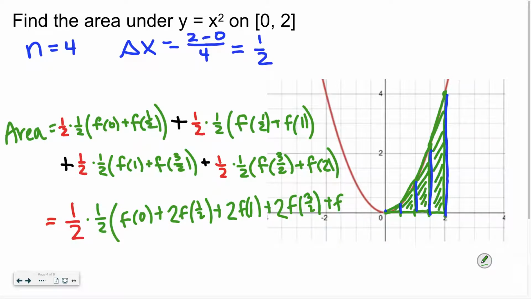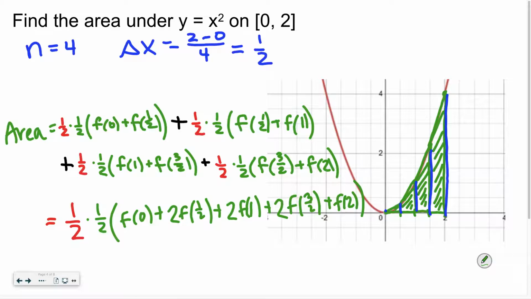And then f of 2 only gets thrown in there once. So basically our end bases, our outside bases, only happen once. All of our other bases get counted twice because it's a base for two different trapezoids. This base right here that I'm pointing at is a base for this trapezoid and for this trapezoid. That's way less to put in your calculator, right?